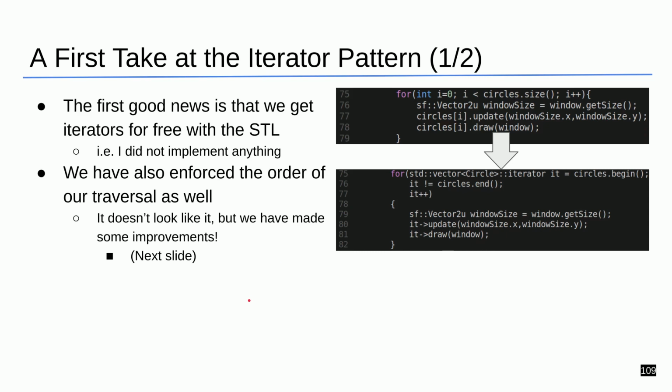So our first take at what's called the iterator pattern. And the good news about this one is, for the most part, in the standard template library, we get these for free. So if you use any of the standard data structures, ones that start with std::, that means the standard library. I didn't implement anything here, and you get those for free.